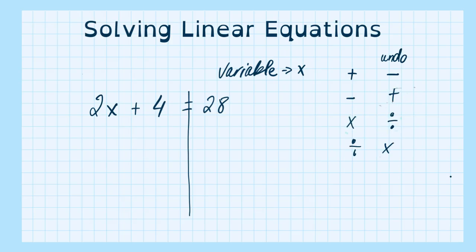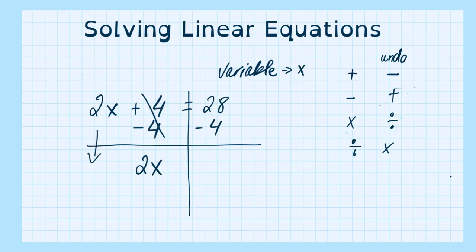So when we're undoing, we're going to start with subtracting 4, because opposite of addition is subtraction, 4 from both sides. And this is a very important point to understand what to do first. Okay, so let's bring the 2x down. Obviously, 4 minus 4 is 0. That's why we took away that 4. And then 28 minus 4 will be 24.